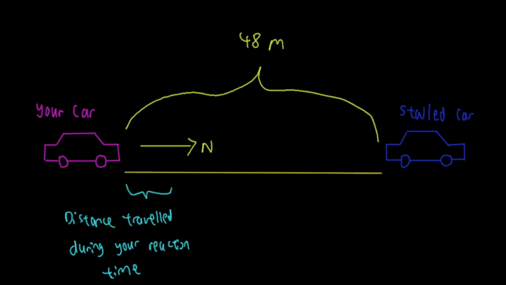And then, at this point, you reacted to the situation. Then you will apply the brakes, trying to stop the car to avoid the collision. So let's say this is the distance your car traveled after you apply the brakes.